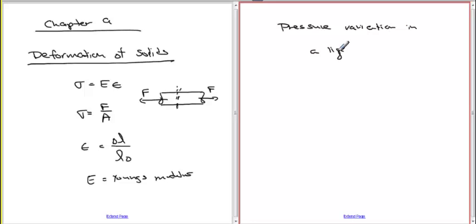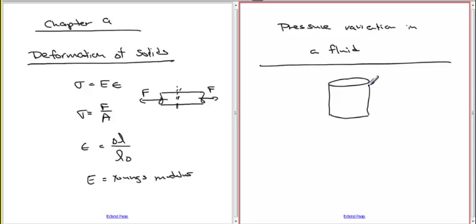So this could be, a liquid, actually, I guess it should be a fluid, because I want to make sure you know this could be either liquid or gas. And what we did, if you remember, is we looked at a column of fluid, which had a height here. Because of the weight of the fluid in this column, the pressure at the bottom is higher than the pressure at the top.